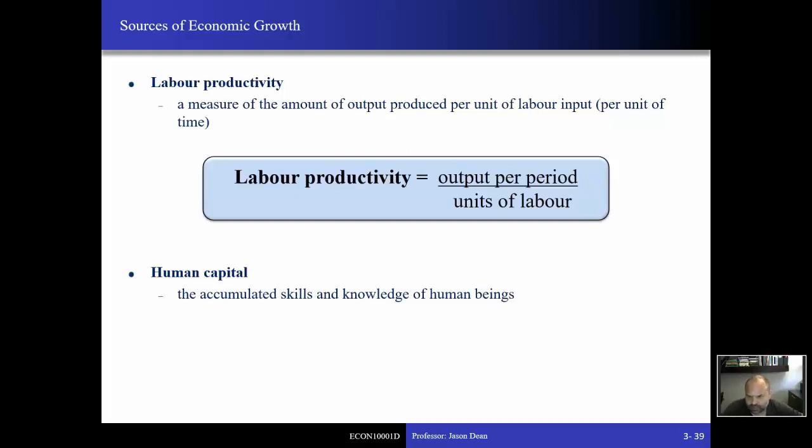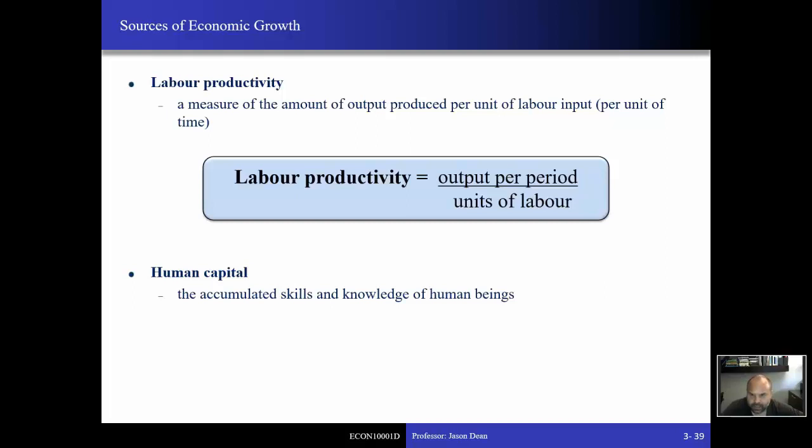This is because of productivity. So productivity leads to more of an economic pie because we're using our labor resources more efficiently. So labor productivity is key to growth in the standard of living. It is what's behind the growth in real GDP per capita over time.